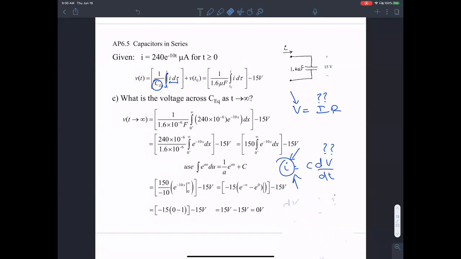That's all there is to the idea of capacitance. Time varying quantities that you simply have to integrate. Questions so far?